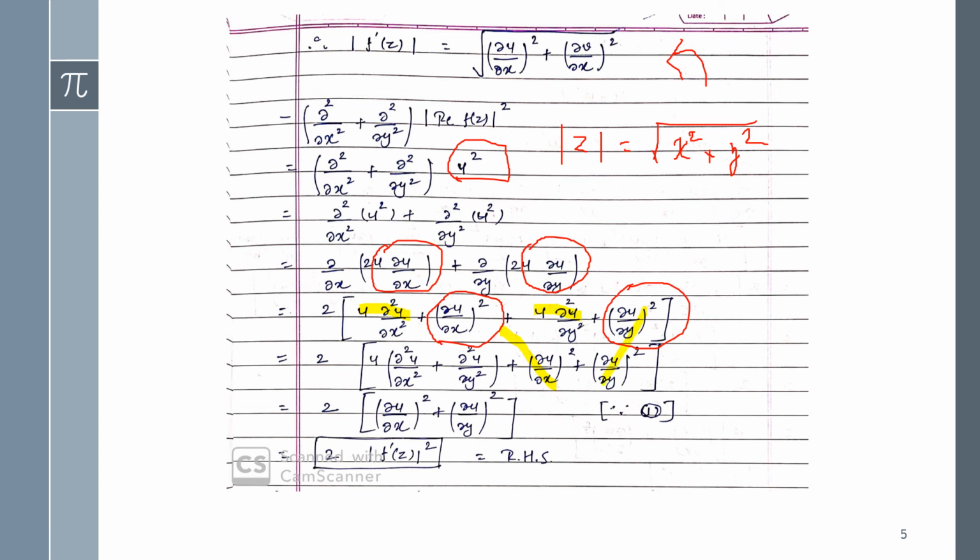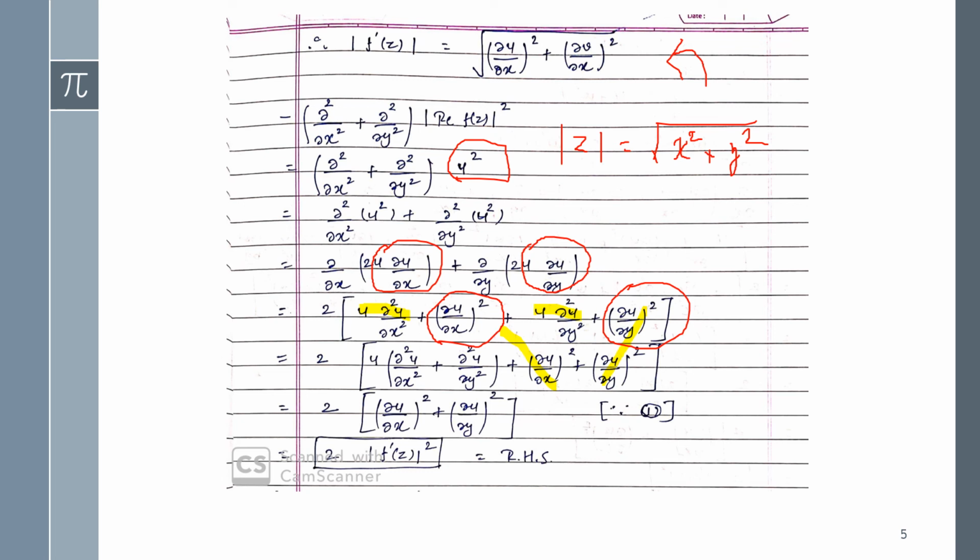Now by using equation number 1, as we have written in the previous slides, in place of that we can write this. Therefore del u upon del x whole square plus del u upon del y whole square.